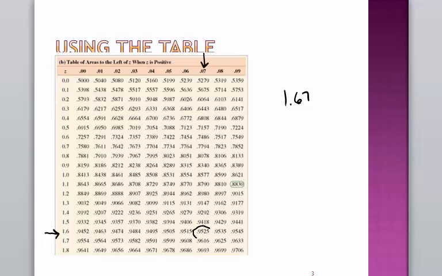And that's going to give me 95.25. All right, so 1.67 is going to give me an area of 95.25.